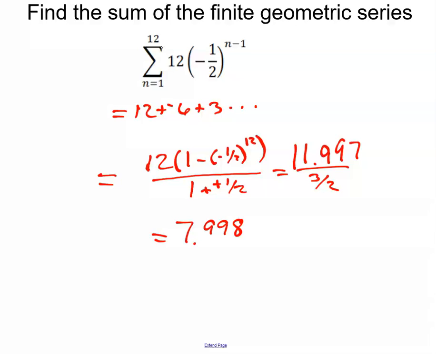So negative 1/2 to the 30th power, and then 1 minus that number, and then times it by 12, divided by 1.5, you end up with 7.999999999. So pretty much you're getting closer and closer to 8.